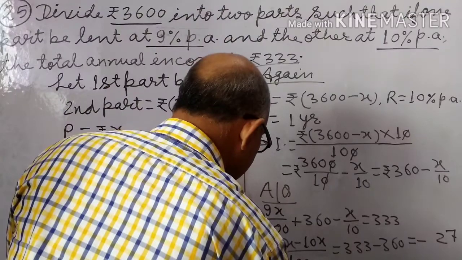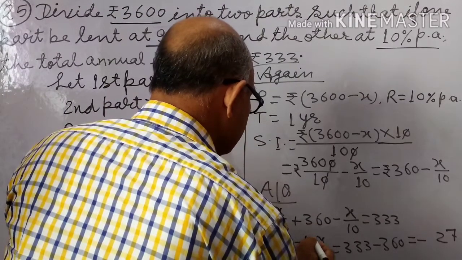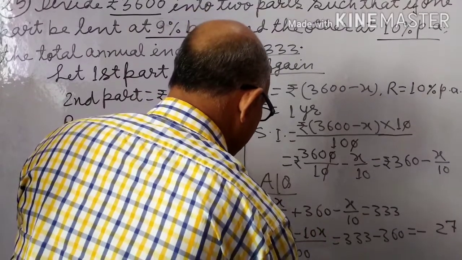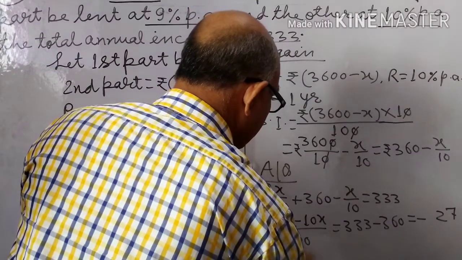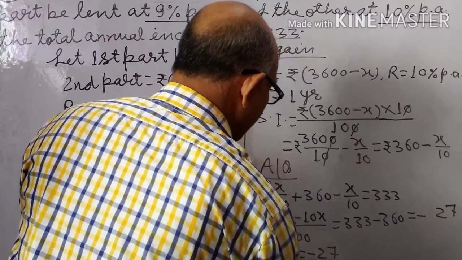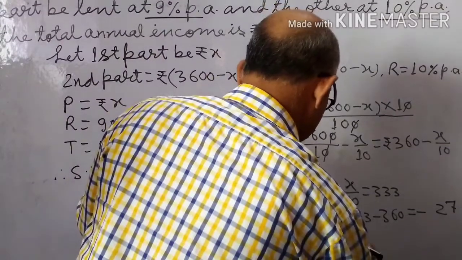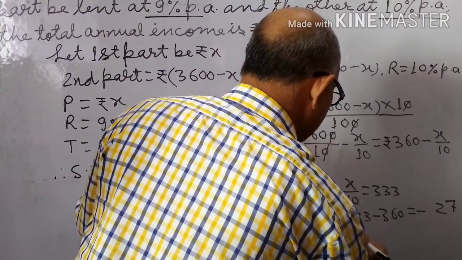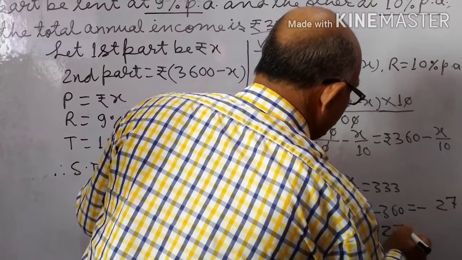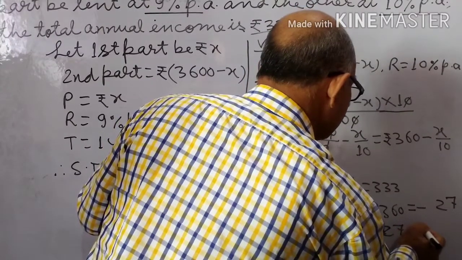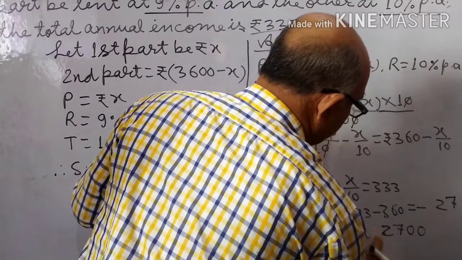That implies 9x minus 10x equal to minus x by 100 equal to minus 27. Minus to minus cancel. That implies x equal to 2700.